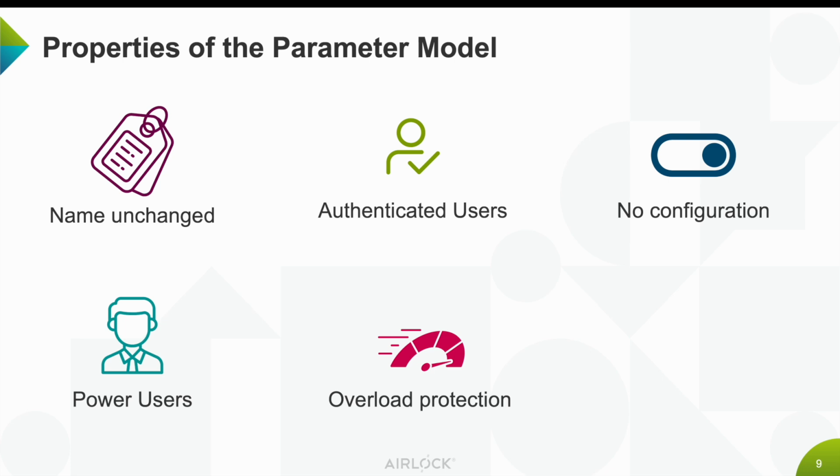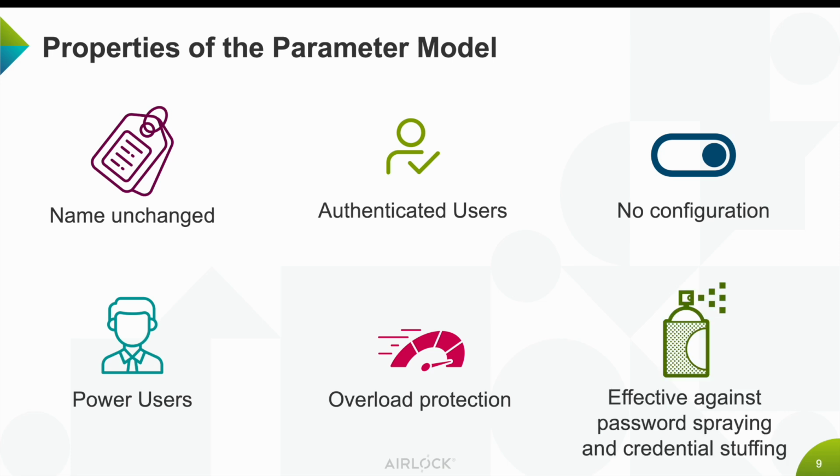There's an overload protection that goes in the other direction. If bots or attackers try to overload the model and confuse it, we have overload protection built in, so that should not happen. And last but not least, we of course tried it on whether it is effective against password spraying and credential stuffing, and we found that yes, it is very effective against those two attacks. But as I said initially, it will protect any type of form that you're exposing on the internet.